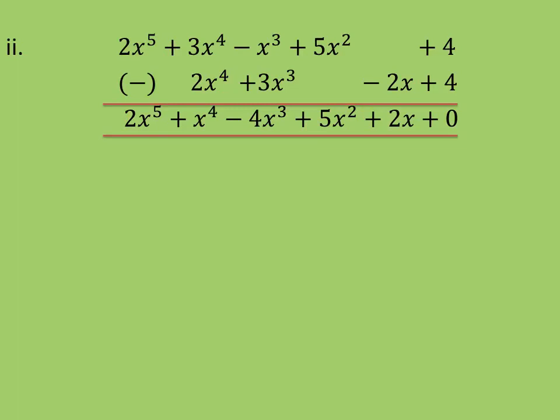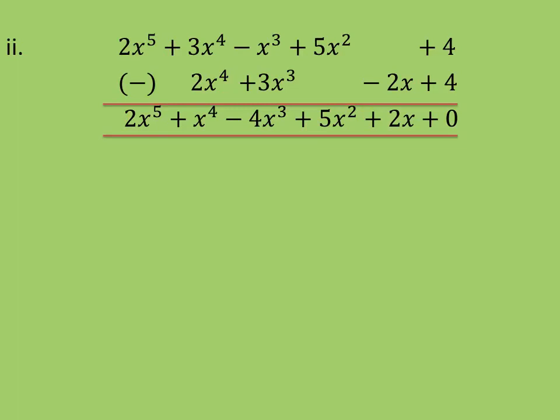The term with x square, we have a term with x square in the first equation and no term with x square in the second equation. So plus 5x square minus 0 will still give us plus 5x square back.